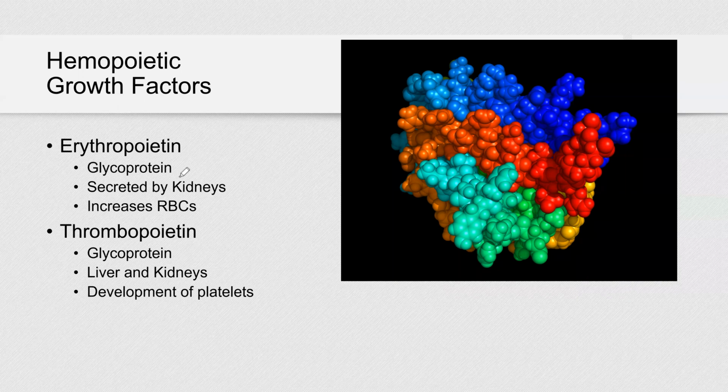It's a glycoprotein, and it increases production of red blood cells. Thrombopoietin is secreted by the kidney as well, and the liver, also a glycoprotein, and it's important in development of platelets. Right, those are our growth factors.